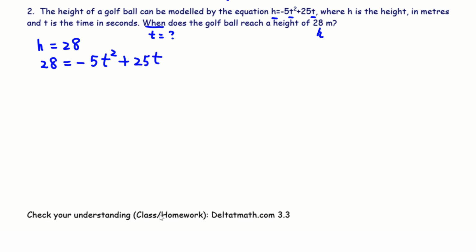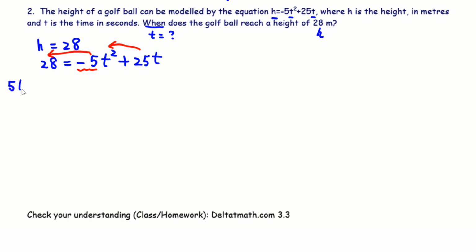Then this is a quadratic equation because you have squared. For a quadratic equation, we need to make sure one side is 0. And we want the number in front of t squared to be positive, so we want to move all the terms to the left side.